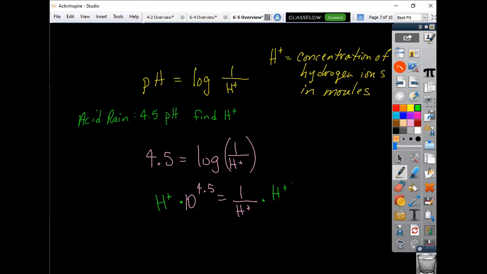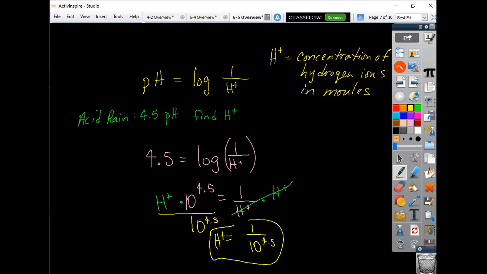And then, once that's out of there, I'm going to divide by the 10 to the 4.5 to solve for the concentration. So that's going to be 1 over 10 to the 4.5, or I don't know if you really want to work that out or not, but if you do, go ahead. And that's it.